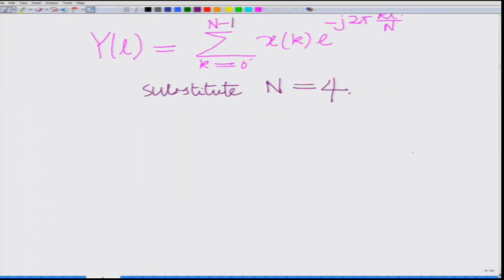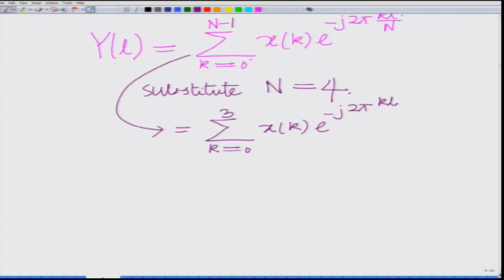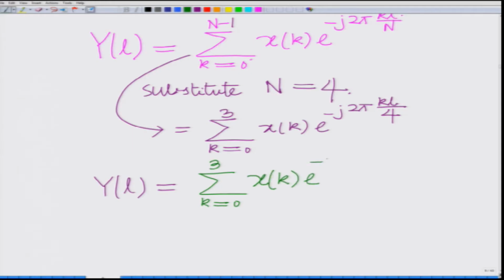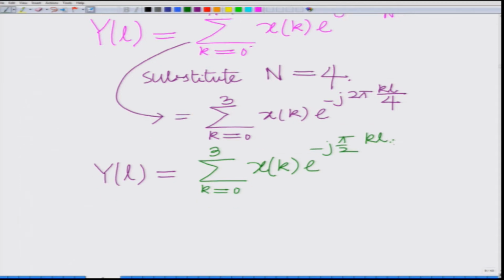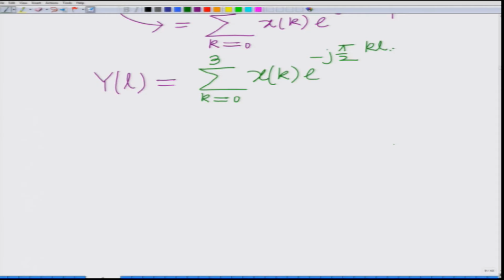Substituting N equal to 4, this becomes summation k equal to 0 to 3 yk e raised to minus j 2 pi kl by 4, which means basically your Yl is equal to summation k equal to 0 to 3 yk e raised to minus j pi by 2 kl. So the output symbols are generated by the corresponding N point FFT of the output samples.